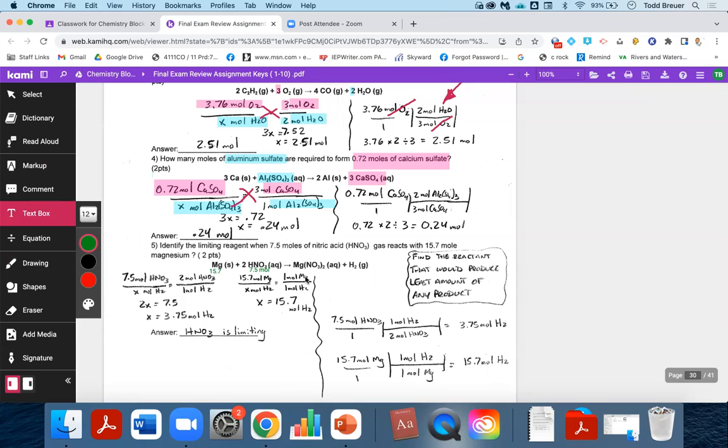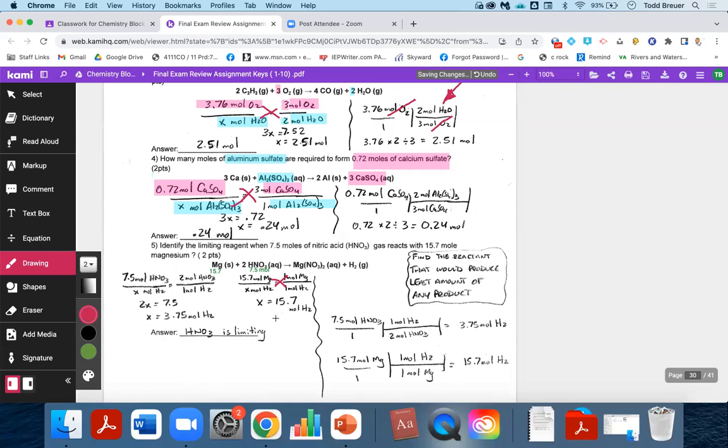And then on the right side, I used the mole ratio, 1:1, right? 1 mole of magnesium, there's no coefficient. 1 mole of H2, also no coefficient. I cross multiplied, right? When we cross multiply, we get 1x, or x is equal to 15.7. So basically that means 15.7 moles of magnesium will create 15.7 moles of hydrogen.